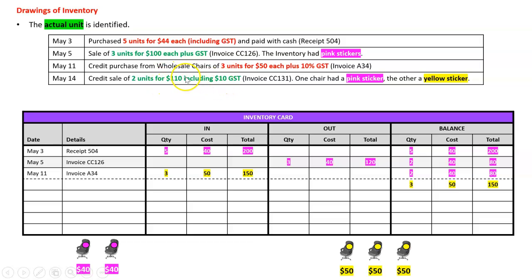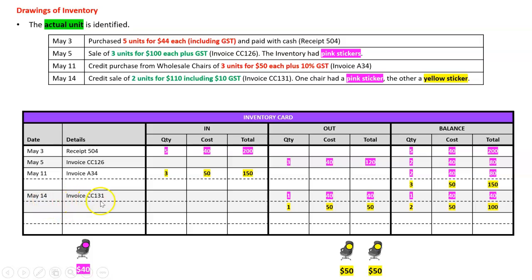Again, we don't need the sale amount. We can ignore that, it's just to confuse us. One chair had a pink sticker, the other a yellow sticker. So this is going to be an out, May the 14th, invoice number: one out, 1 pink chair, the other out, one yellow chair. So that will leave us with 1 pink chair at $40 here, and 2 yellow chairs at $50 each there.